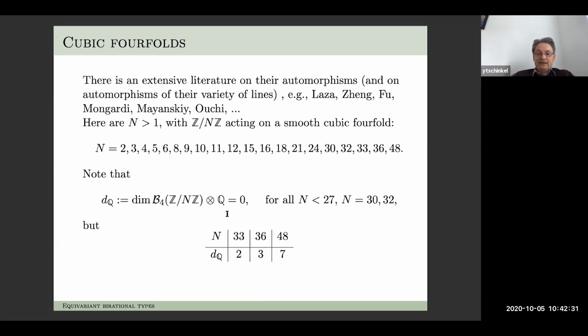And the only possibilities therefore are n equals 33, 36, and 48, if you wanted to use the group B4 only. So these cubic fourfolds are rigid, with explicit equations. Are these rational? Not sure, but it can be answered, at least conjecturally.